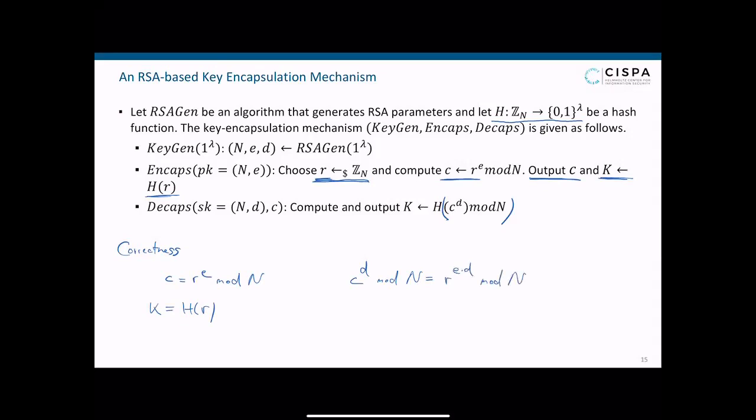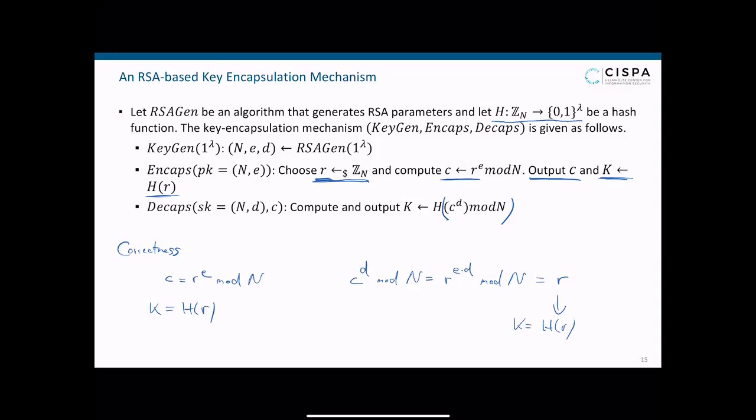But now we know E times D is 1 modulo phi of N, so this is just R. So if we hash this, we also get K equals H of R. And correctness follows. So correctness really follows from correctness of textbook RSA.